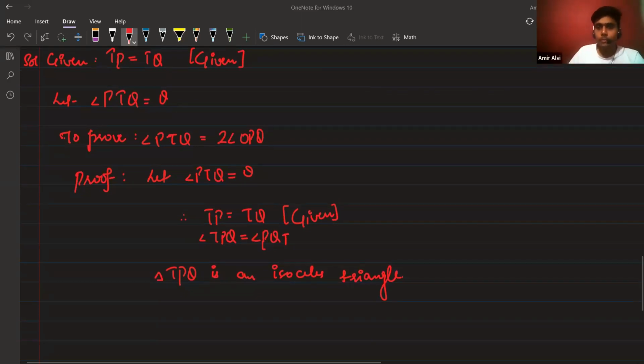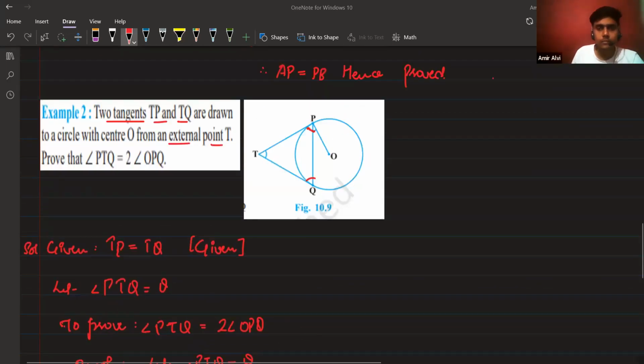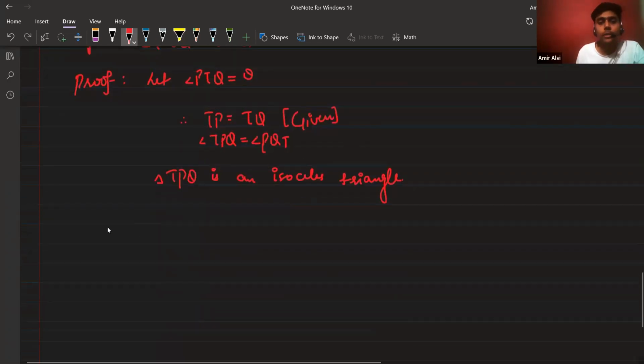Okay, so now tell me. It's TPQ, na? So TPQ is equal to TQP. Now tell me, they are equal to 180 minus theta or not? Yes or no, everybody? Okay, I'm writing this with the supplementary angle property.